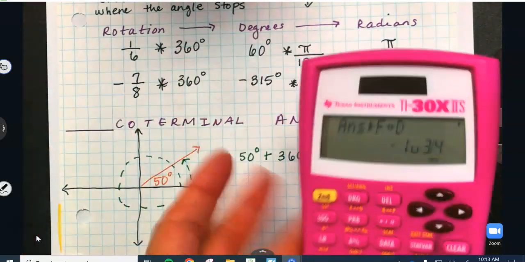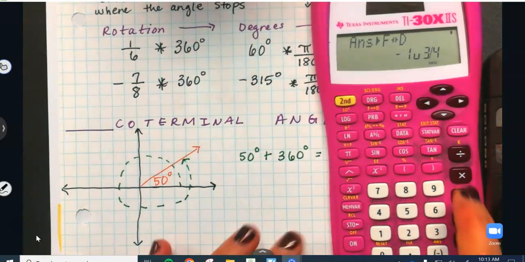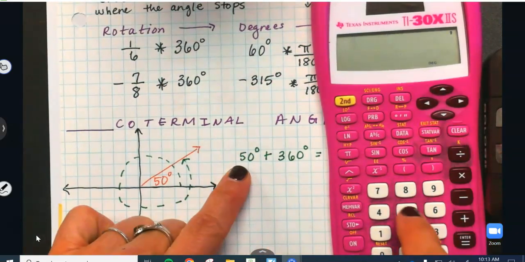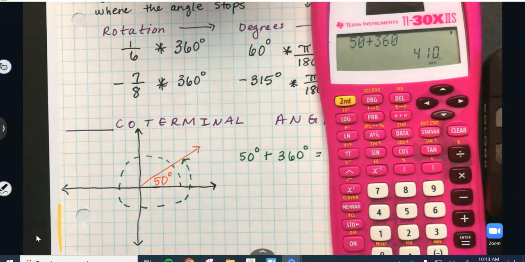On my pretty pink calculator, if I do 50 plus 360, I get 410. So 410 and 50 are coterminal angles.